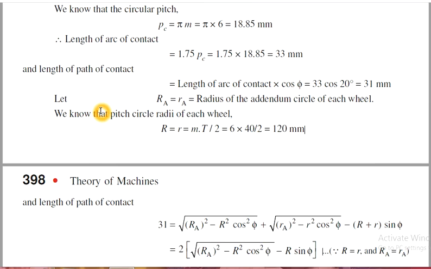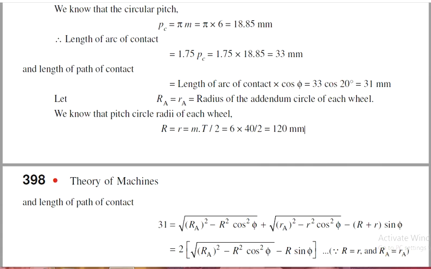What is the formula for path of contact? We know the path of contact is square root of RA square minus R square cos square phi, plus square root of RA square minus R square cos square phi, minus R plus R sin phi. By substituting, we need not find the length of path of contact, as we know its value from here, that is 31.